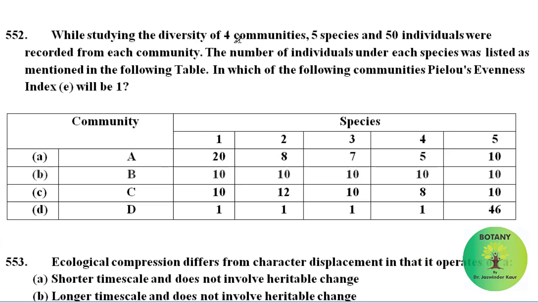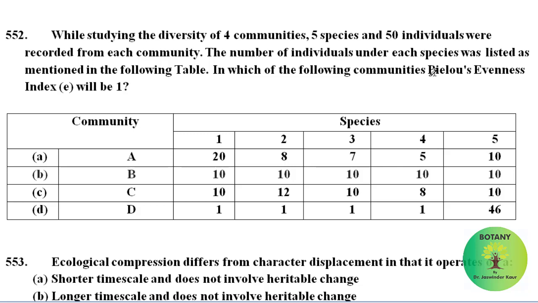While studying the diversity, four communities are given, A, B, C and D, with 5 species, 1, 2, 3, 4 and 5, and 50 individuals. Here the total of A will be 50, and B, C and D likewise will also have 50 individuals recorded from each community. The number of individuals under each species was listed as mentioned in the following table.